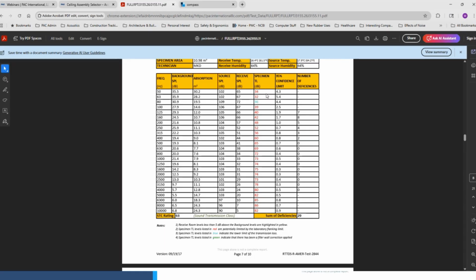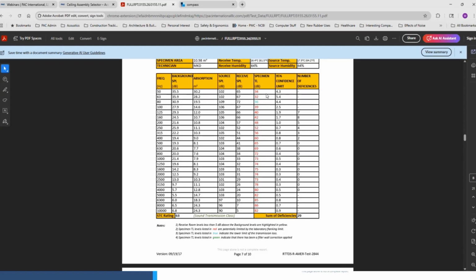So these are not the actual transmission loss values of the specimen. They're just roughly the highest values that the lab could measure. So the actual TL values might be higher. If we measured this in a lab with a much higher flanking limit, we might get higher transmission loss values, and we might get a higher STC rating as well.